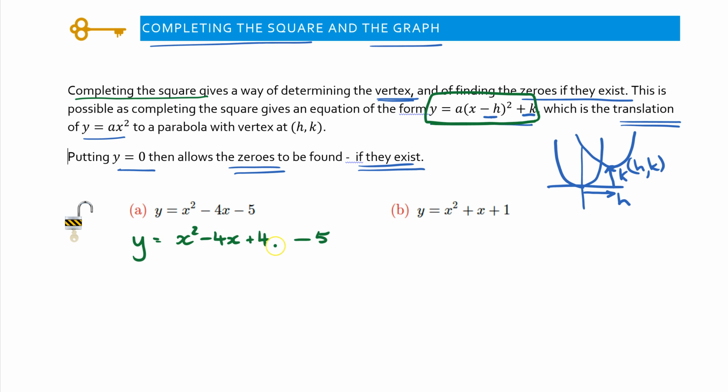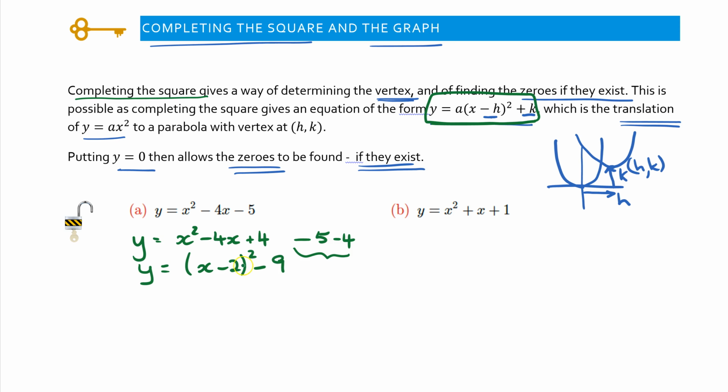So what I've now done is that I've added 4 to the expression. So if I've added 4 to the expression, I then have to counteract that by taking 4 away, so that overall I haven't changed the expression. But what I have done is that I've enabled myself to write it as a perfect square, x minus 2 all squared, and I have another 9 subtracted from that.